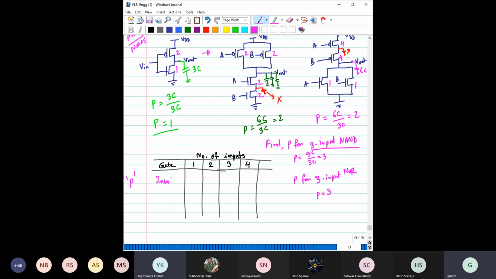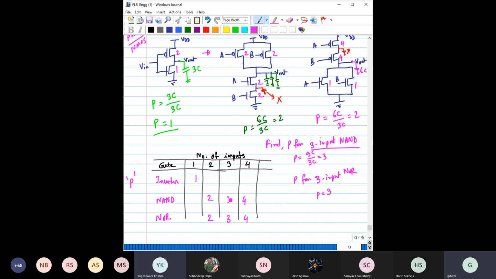First one is inverter, second one is NAND, third one is NOR. For inverter it is 1, for NAND 2 input it is 2, 3 input 3. Here also if you make it 4, 4. So basically the number of inputs for this NAND and NOR should be the same as this.